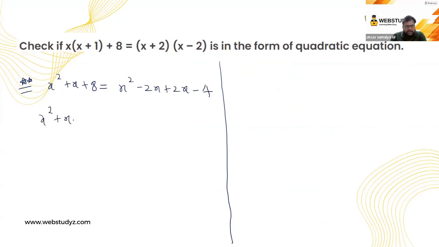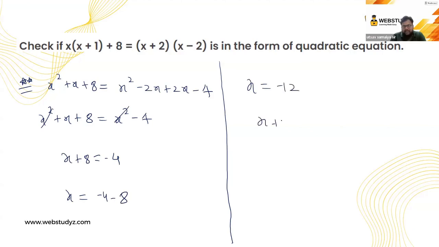X square plus x plus 8 is equal to x square minus 4. So x square we can cancel out. X plus 8 is equal to minus 4. X is equal to minus 4 minus 8. So x we got is equal to minus 12. That means x plus 12 is equal to 0.